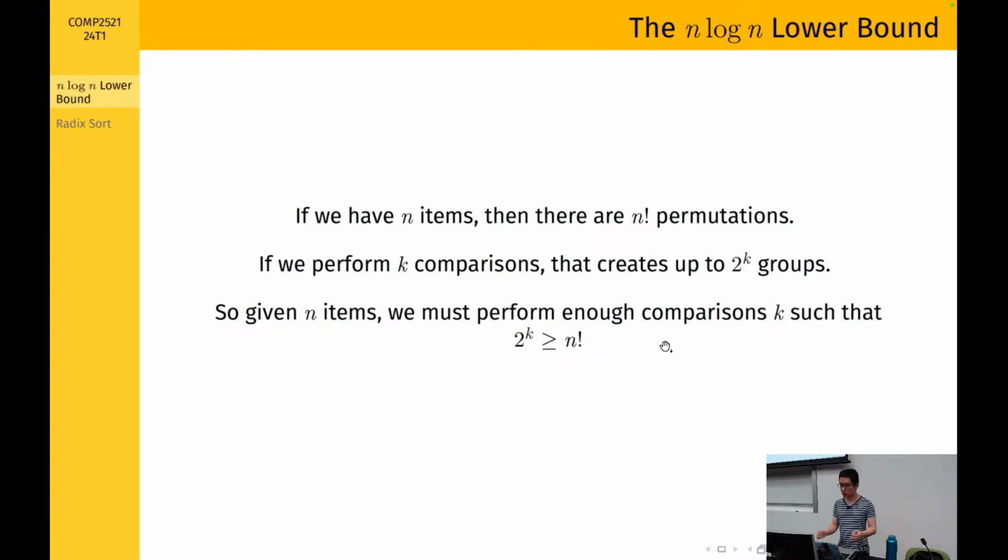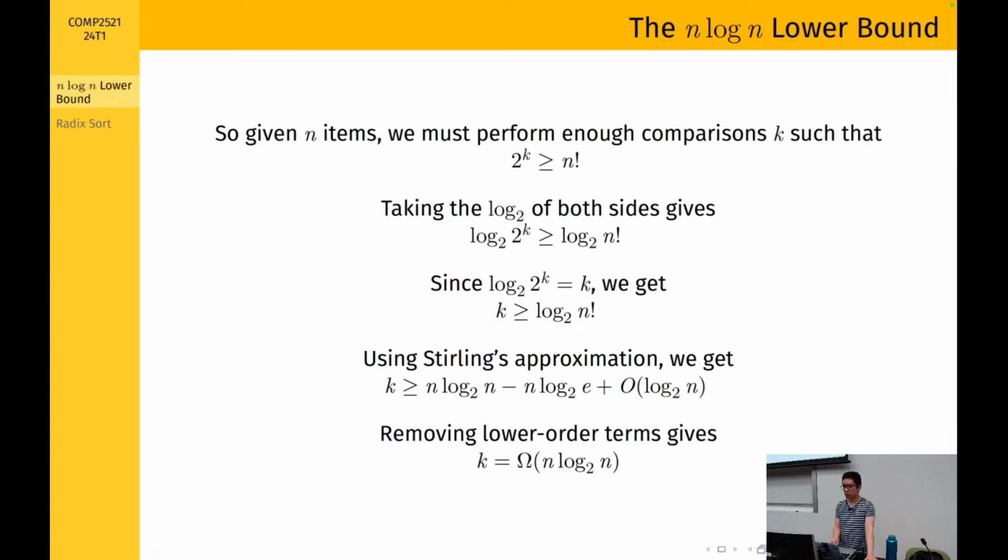Right? So basically, we're trying to solve for k here. We're trying to figure out what is the minimum possible k. Right? So given n items, we have to perform enough comparisons k such that 2 to the k is greater than or equal to n factorial.